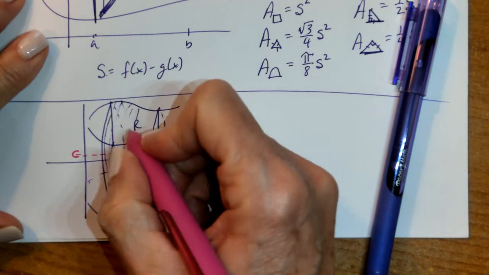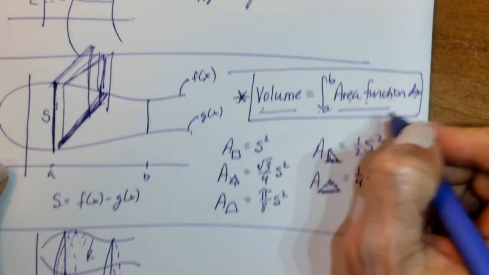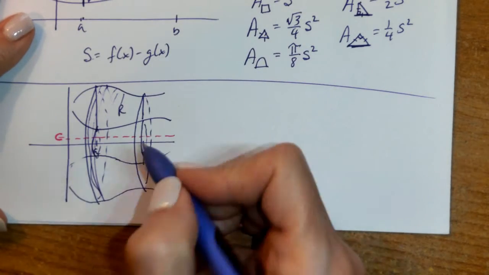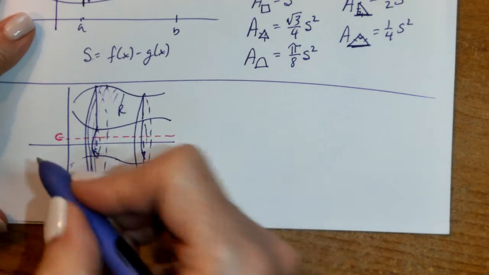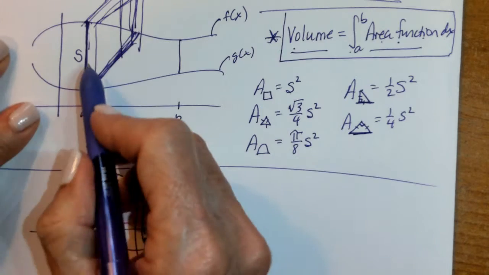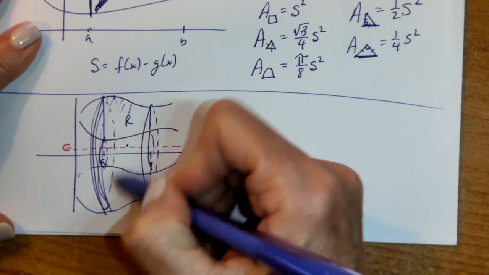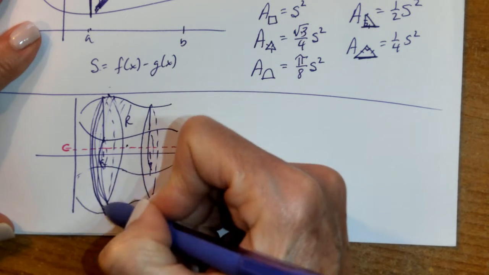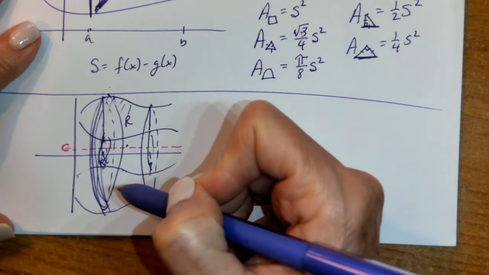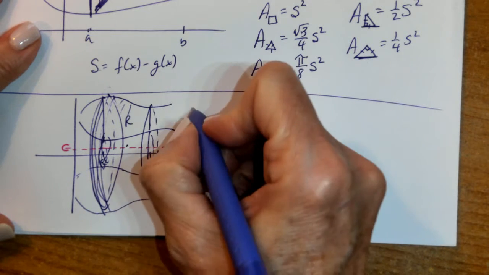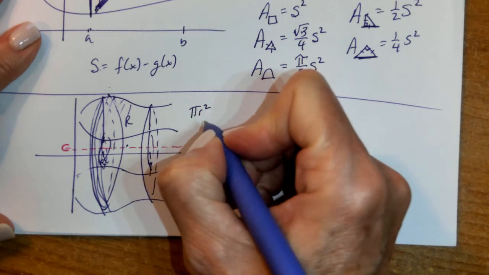So if you're talking about cross sections, because remember, this is our go-to for volume, we want the area of a cross section, just like we had an area of a cross section up here. Well, this time the area of a cross section is a circle with a circle cut out. So the area of a circle is pi r squared, right?